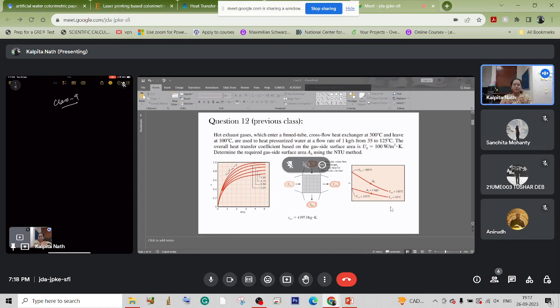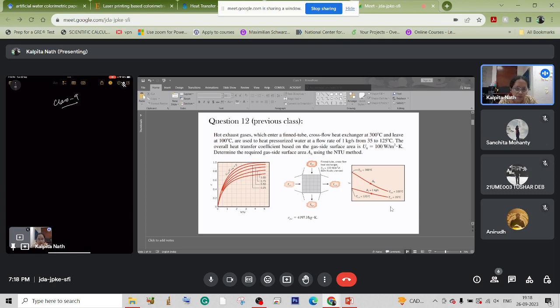This is the first question from the previous day that we were unable to solve because of the time constraint. So have a look at the question. There is a finned-tube cross flow heat exchanger, and hot exhaust gases, not liquid, enter at 300 degrees Celsius and leave at 100 degrees Celsius.